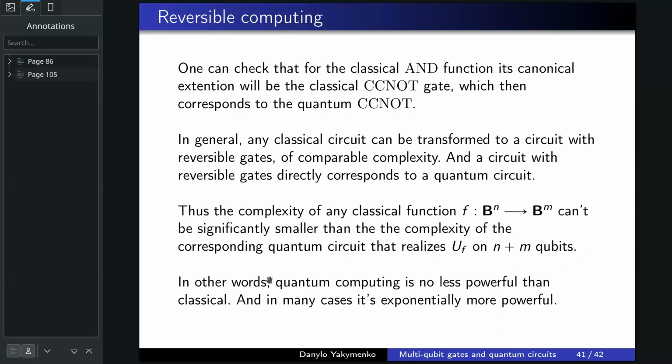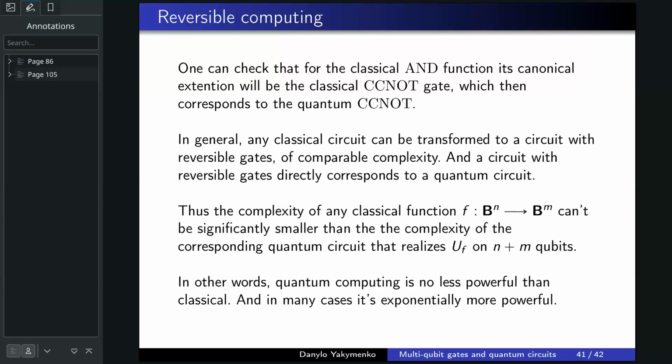And in other words, this means that quantum computing is not less powerful than classical. And in many cases, it's actually much more powerful. It is exponentially more powerful. And I hope next speakers will give you some examples of it. And this is all I wanted to say.